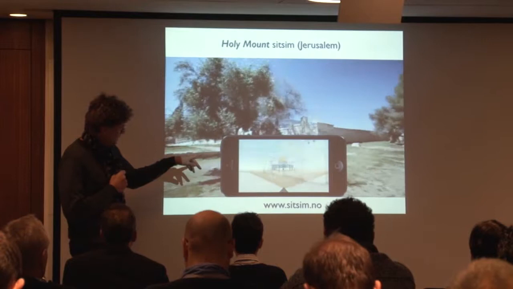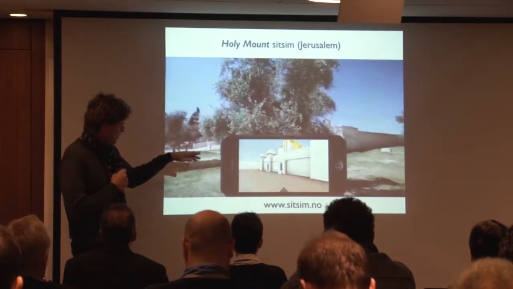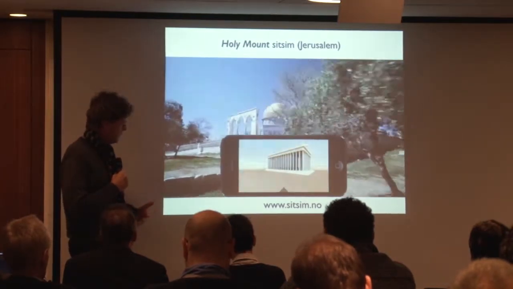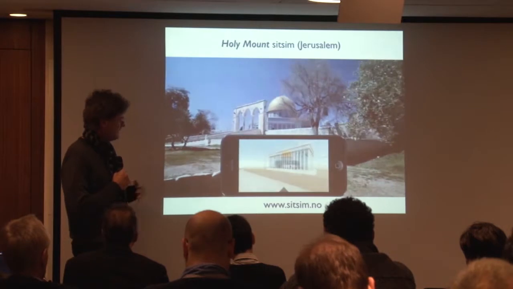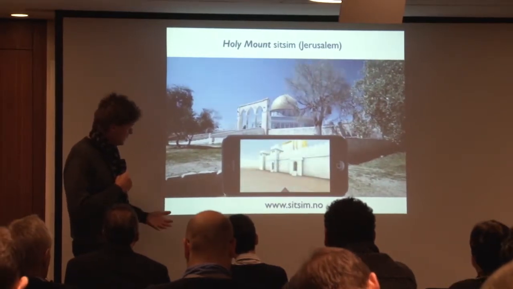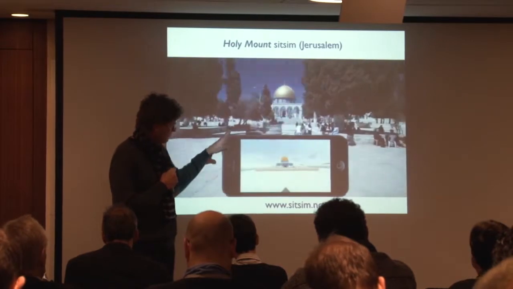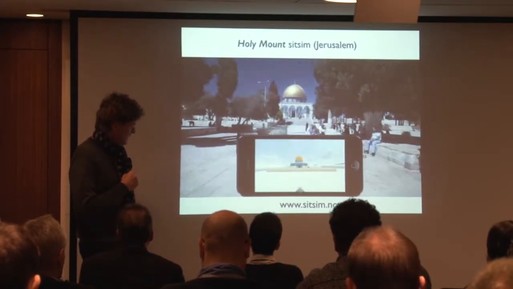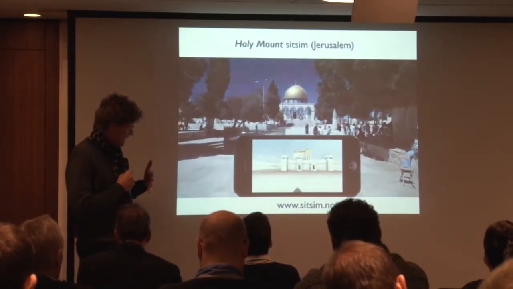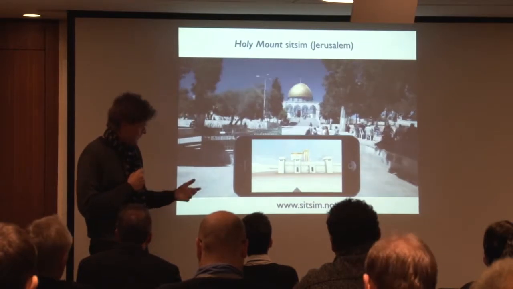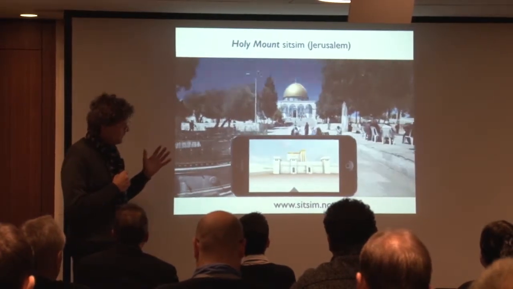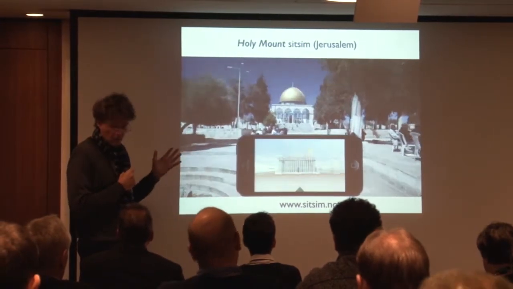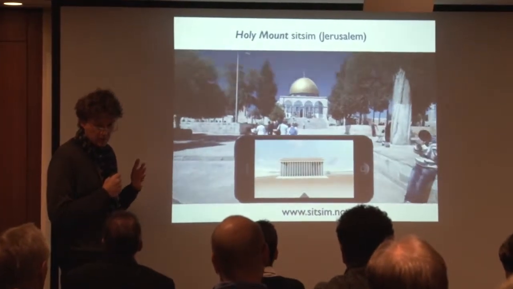So in this simulation we tried to show how one place is occupied over time by different buildings, different ideologies, different religions, different contexts, and particularly at this very contested place, we also made an interface where, in the opening of this simulation, it's fading between all three versions of the Holy Mount.